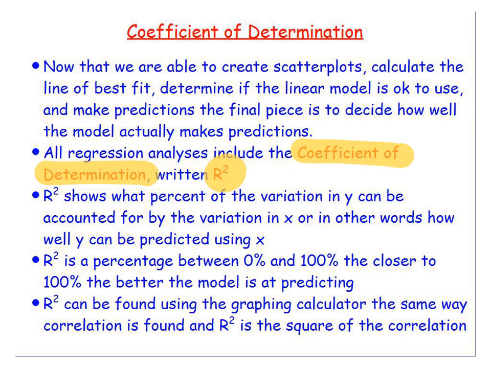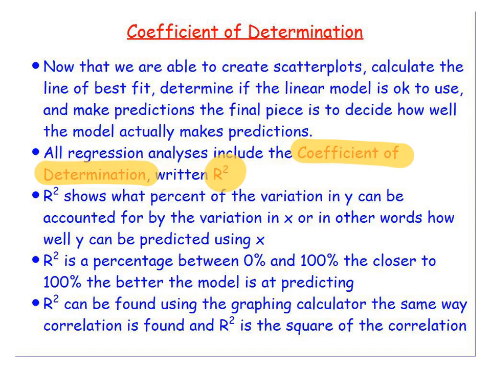But there can sometimes be causes that cause your Y values to fluctuate, and it's not the changes in X's that cause that. R squared is always going to be a percentage between 0% and 100%. And the closer it is to 100%, the better the model is at predicting. And here's the nice thing.